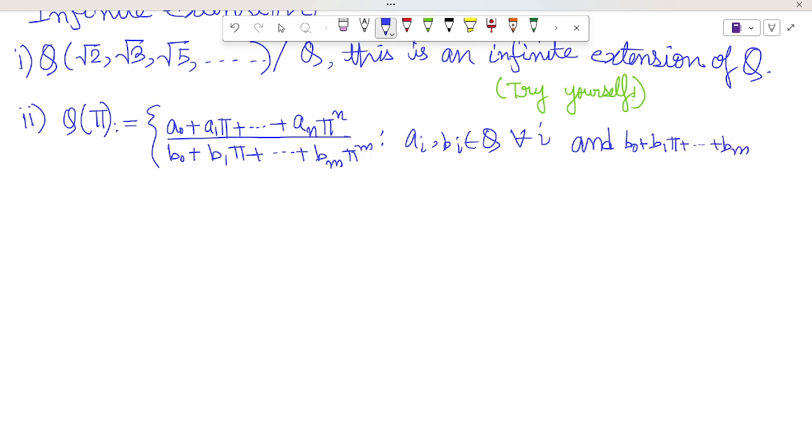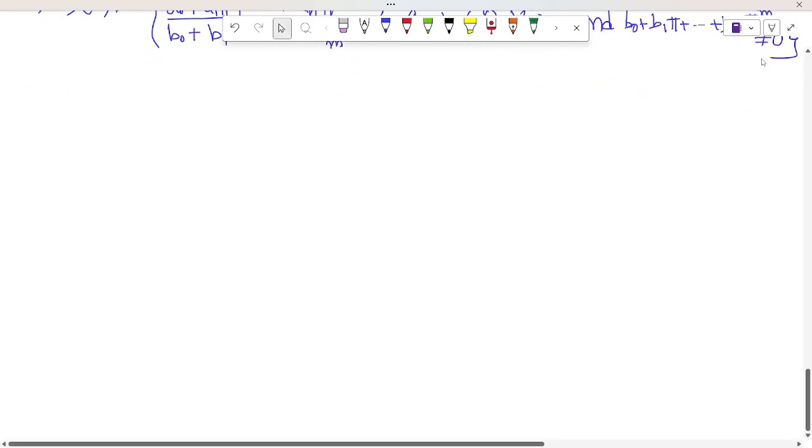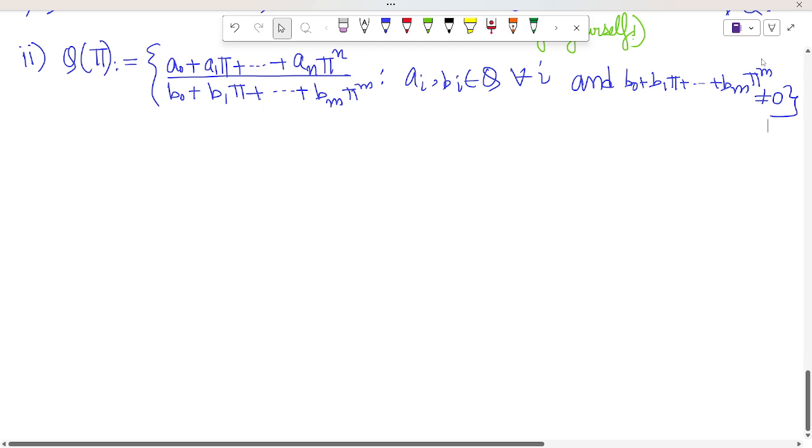That means the coefficients are non-zero. So this is an infinite extension because you cannot generate it. Suppose it is finitely generated, then you will get a finite basis. But the higher powers of pi, because pi is a transcendental element, cannot be generated by the smaller things. Otherwise it would be algebraic over Q. That is the main thing. That is the main hunch of this.